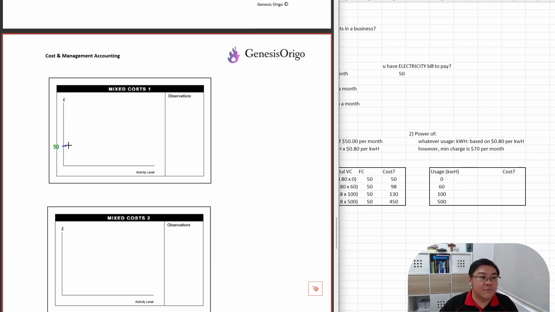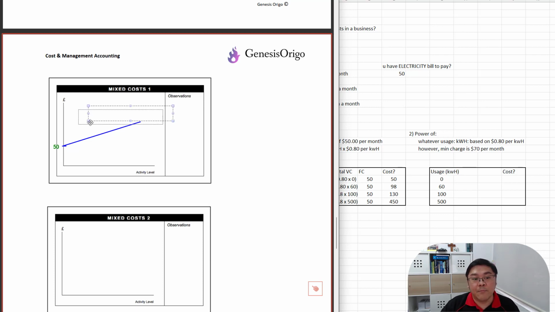So you expect the line to move in this way. Do you notice that in this graph, this section represents the fixed cost, and this triangle is the portion that represents the variable cost? That's basically how a mixed cost looks.